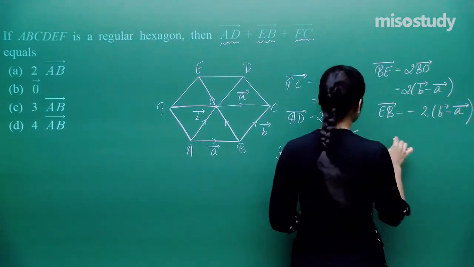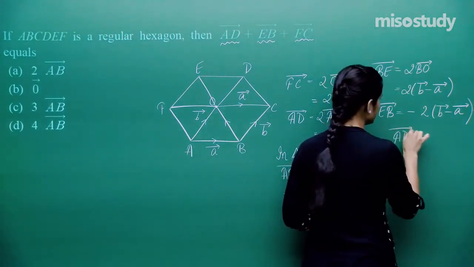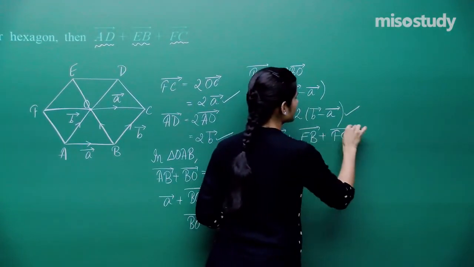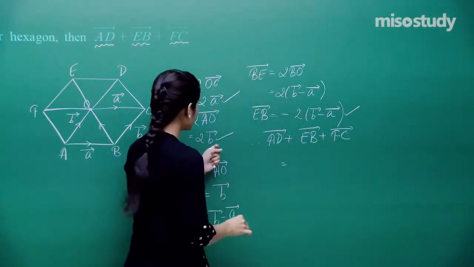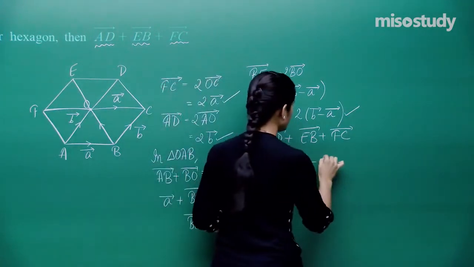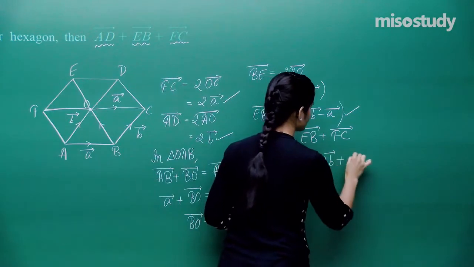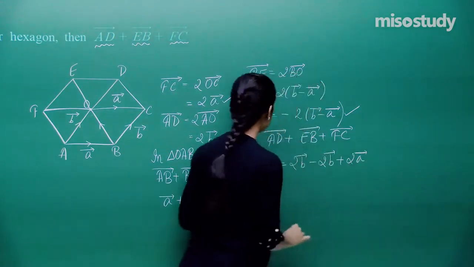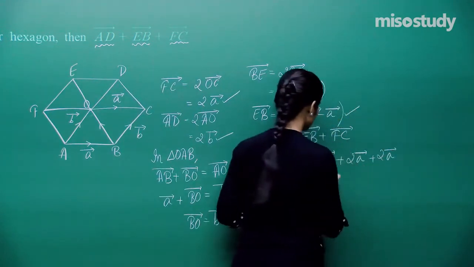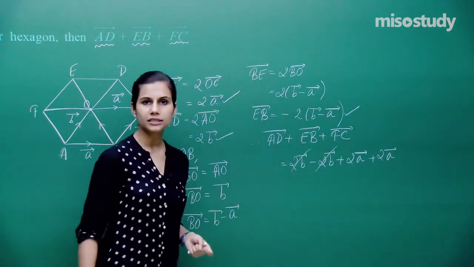So when I add AD vector plus EB vector plus FC vector, I actually get twice of b vector minus twice of b vector plus twice of a vector plus FC vector, which is twice of a vector. This gives you null vector, right?